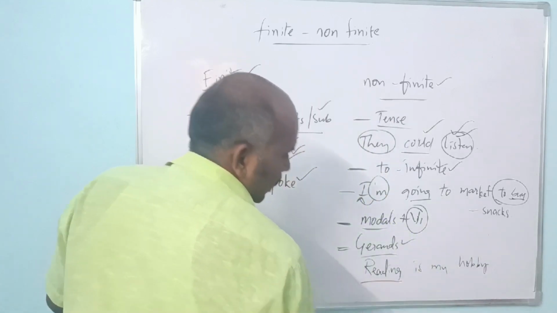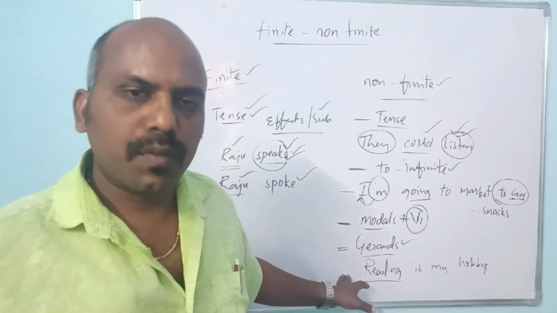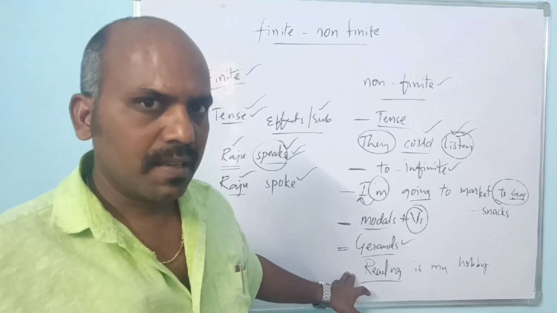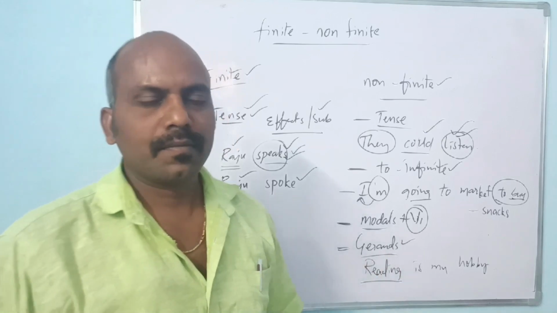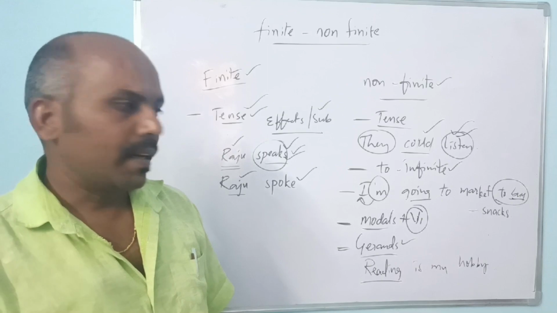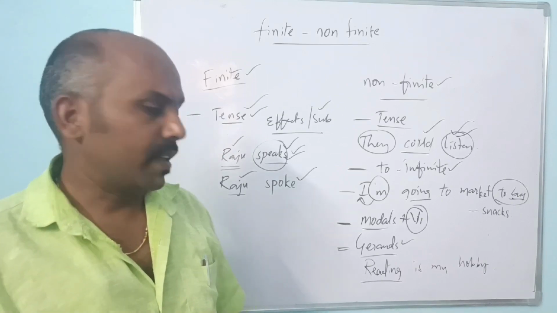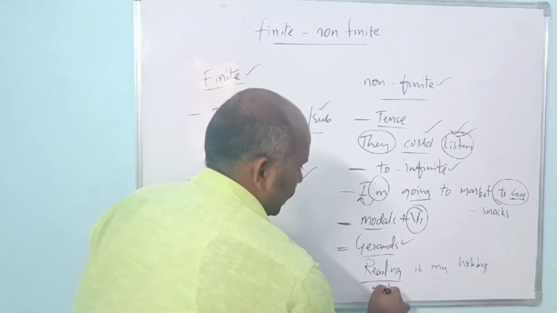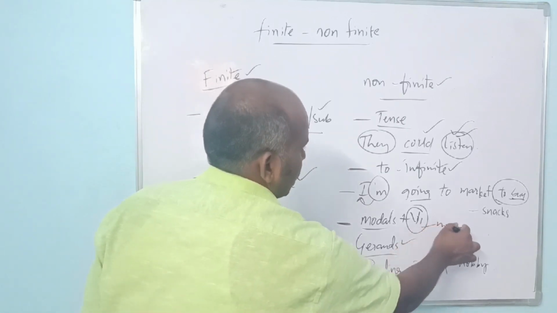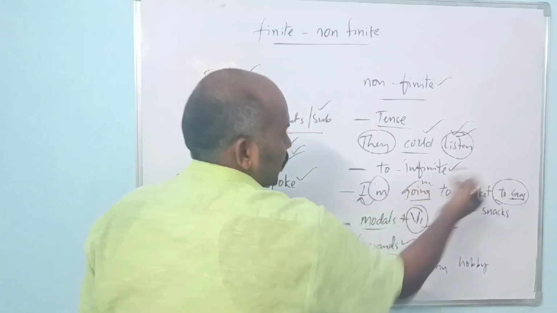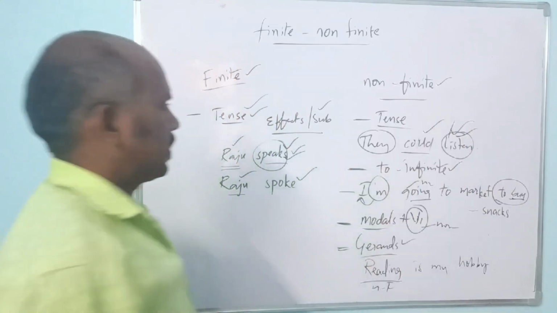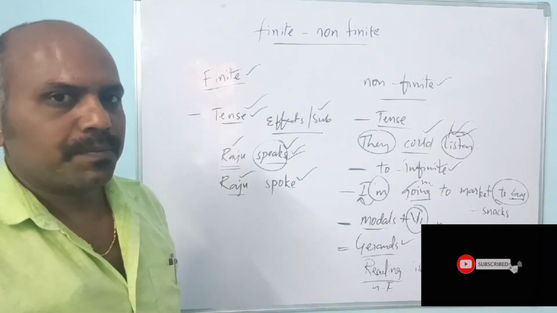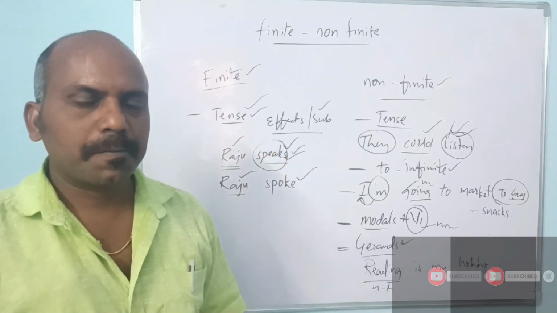Here reading is actually the present participle form of a verb, but we use it as a noun. Therefore it is called non-finite; it isn't affected by anyone, and it is not a tense either. So these are the differences between finite and non-finite verbs.